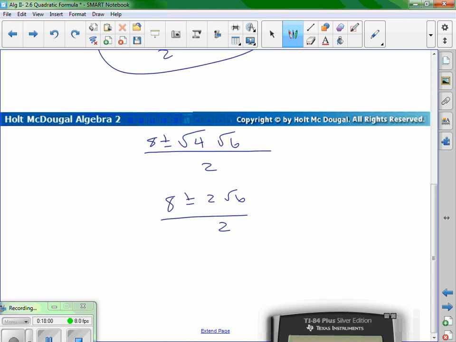Here's another part where a few people are messing up. This has to go to both terms. What this really means here is 8 halves plus or minus 2 square root of 6 over 2. That denominator breaks into both pieces. What's 8 over 2? Plus or minus, what's 2 square root of 6 over 2? Square root of 6. That's your bonus answer.